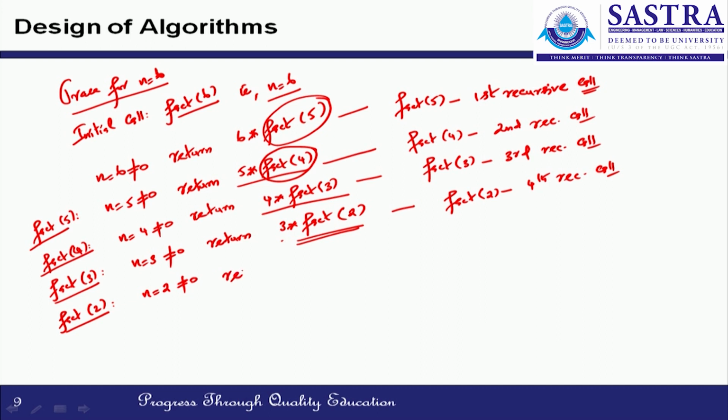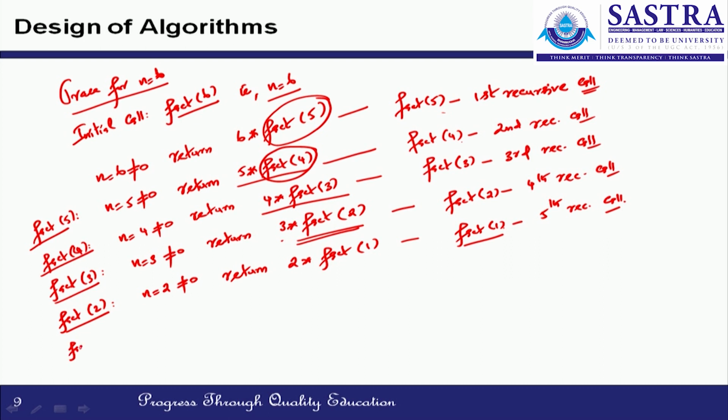So fact of 2 returns 2 into fact of 2 minus 1, which is 1. Now fact of 1 invokes the recursion. Fact of 1 is the fifth recursive call: fact of 5, fact of 4, fact of 3, fact of 2, fact of 1.